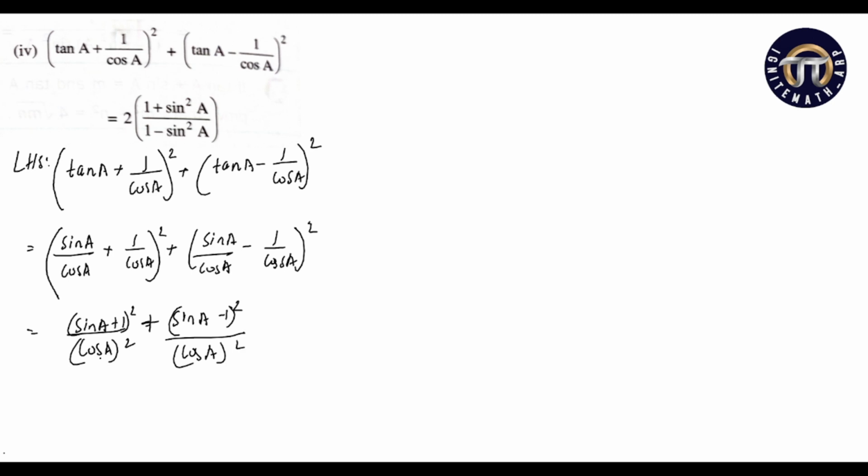So cos a the whole square, cos a the whole square, I can take the LCM as cos square a, and the numerator is (sin a plus 1) the whole square plus (sin a minus 1) the whole square.